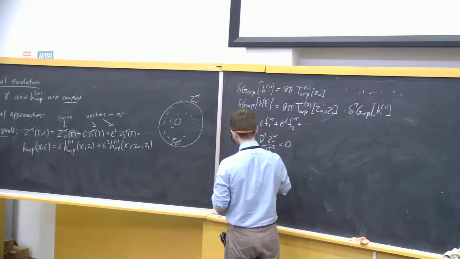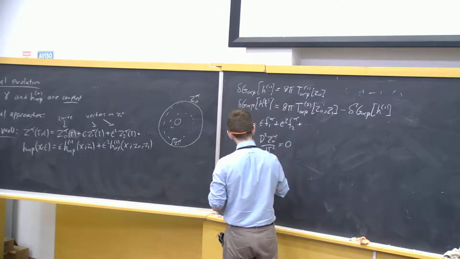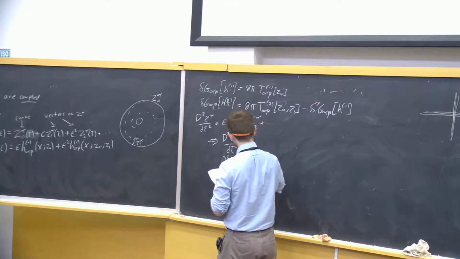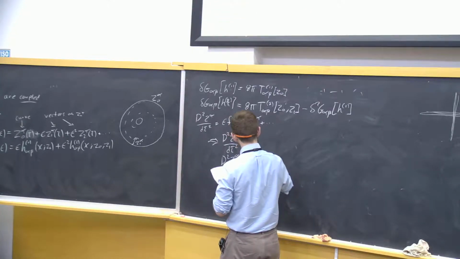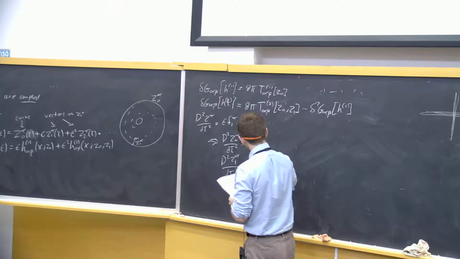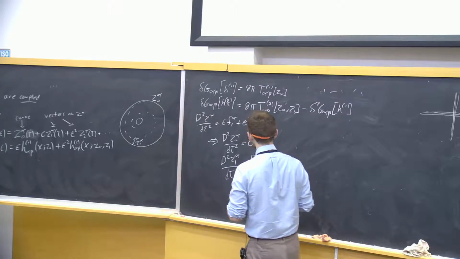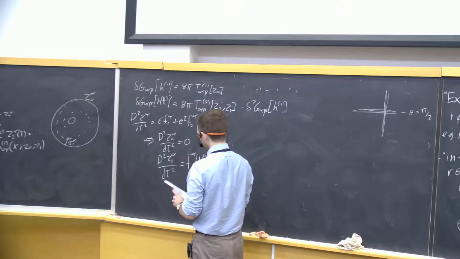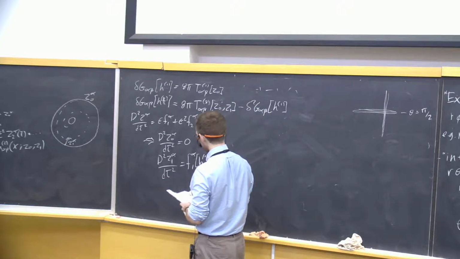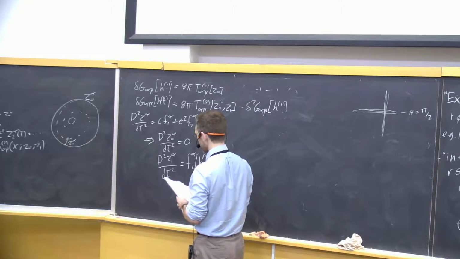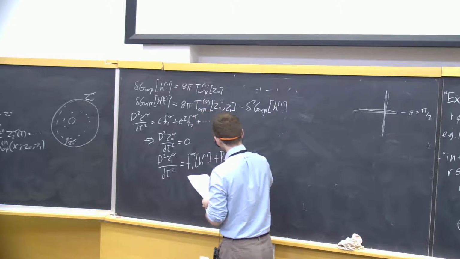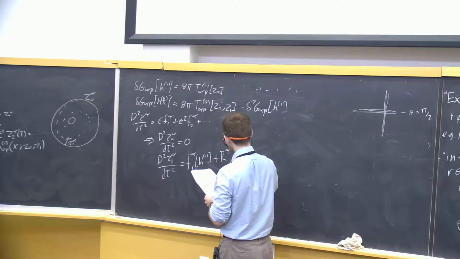Then you have an equation for Z1, where you have a force constructed from the first order metric perturbation. And later in the lecture series, I'll show you the explicit expressions for the self-force in terms of h1. And then you have a Riemann tensor term.